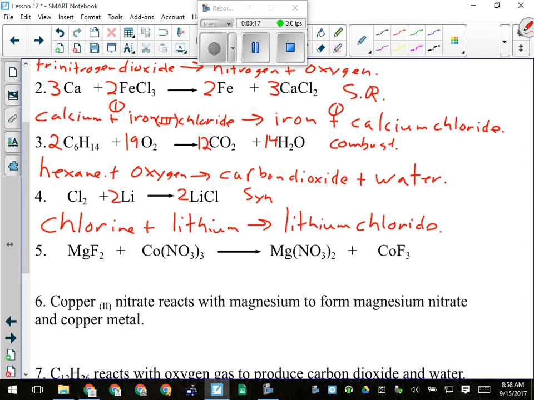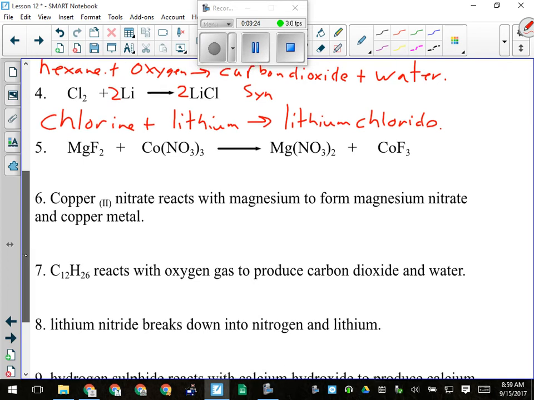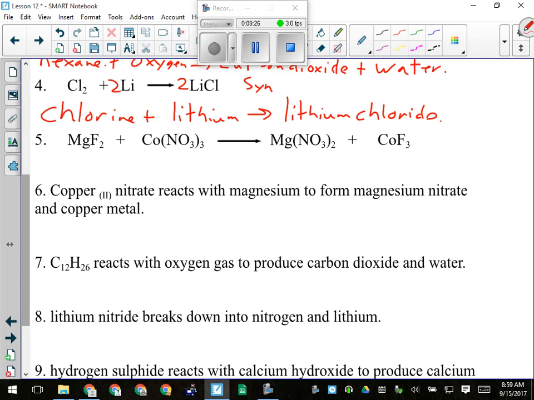How many people have done number 5? Okay, let's go over that one then. On number 5 here, we've got what kind of reaction? Double replacement. Everything's ionic. So this stuff here is magnesium fluoride.